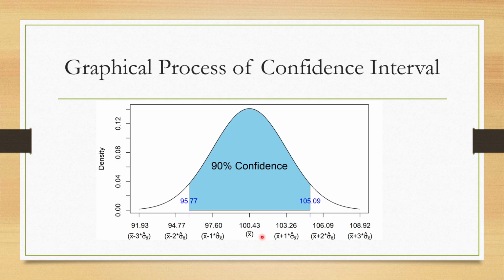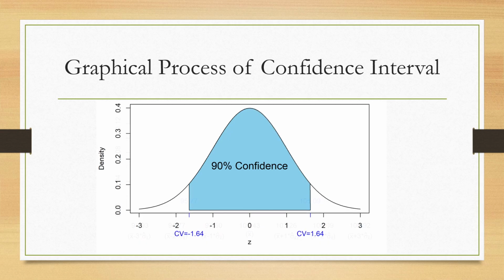The cool part, and the part that we're leaning on the confidence interval for, is that recall how previously we had 90% confidence and we had our cutoff values for our 90% confidence region. Well, now we could take the whole distribution and put it on the scale of our data.